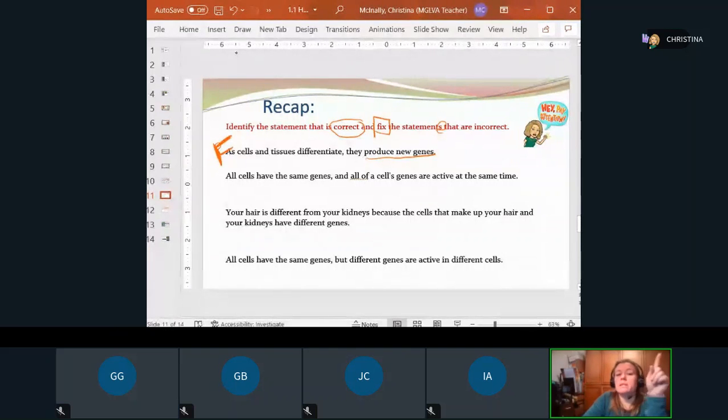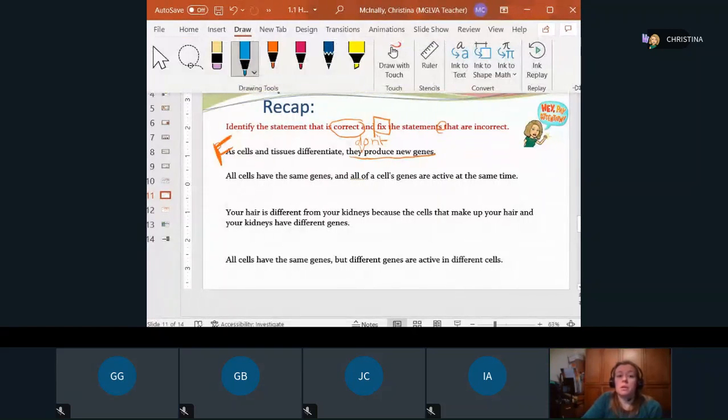So we'll come back. Well, let's fix it. Since it's false, how would we make a statement like this true? As cells and tissues differentiate, they produce new genes. What would we have to change to make it true? No, but it's not the word produce, Kamayam. It's the concept that the genes are there, but you could put the word don't, right? Or, you could say as cells and tissues differentiate, they keep the same.